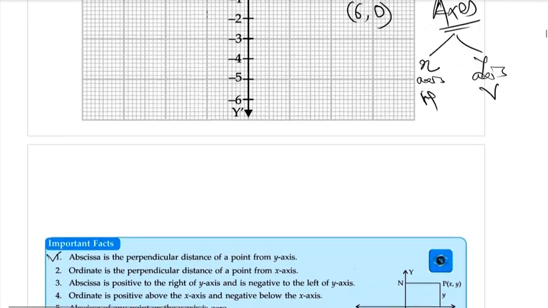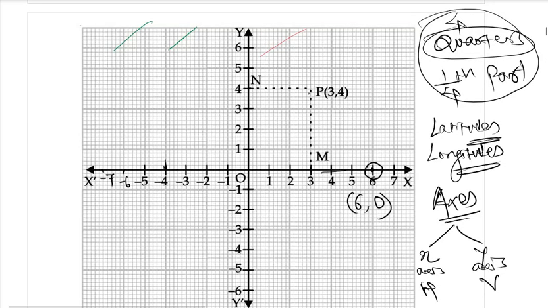Now I'm covering the fifth point. Let us take an example of a point on the y-axis. What are the coordinates of this point? What is the x coordinate? The x coordinate is the distance of the point from the y-axis. How far is this point from the y-axis? 0 units, it is on the y-axis. And how far is it from the x-axis? 3 units away. So the coordinates of this point are (0, 3).